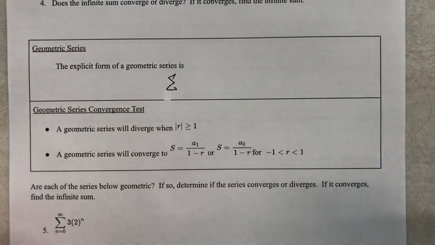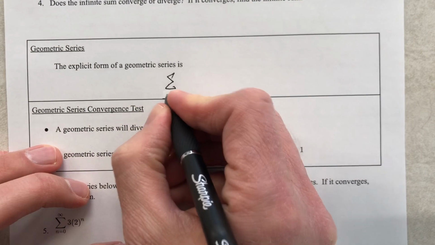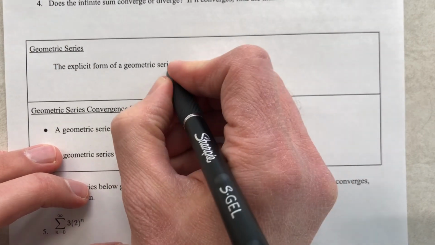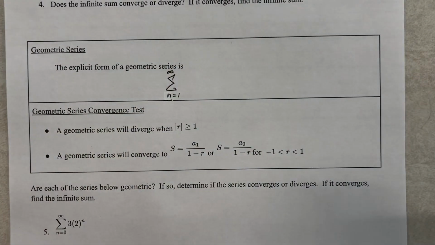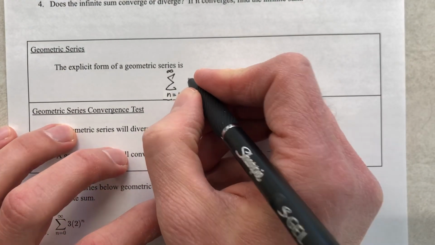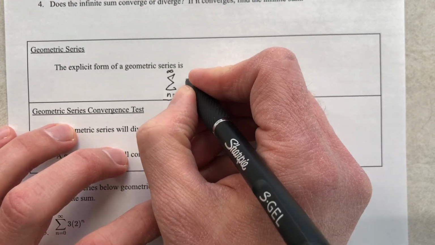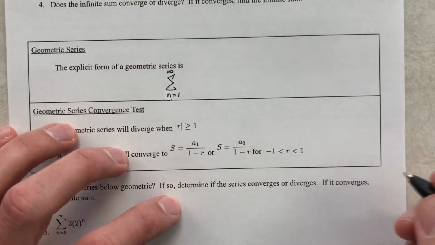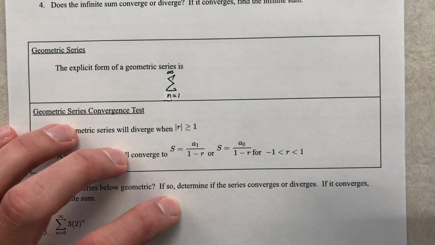These things usually use N to count by. So N is going to start at 1 and go all the way to infinity if it's going to be an infinite series. And we're going to use the explicit form of the nth term, okay?